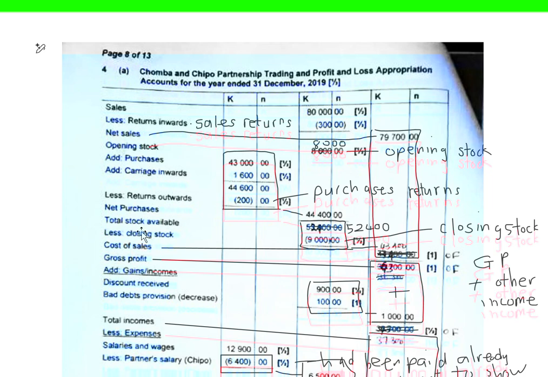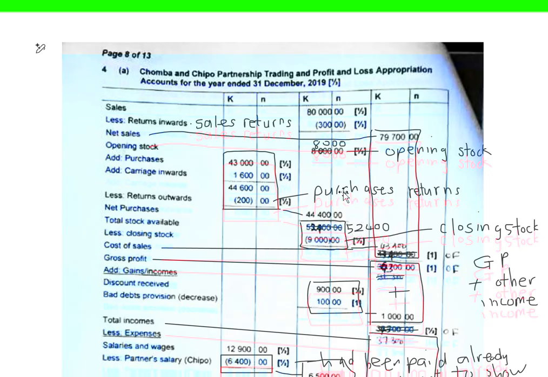Now the total stock available is your opening stock of 8,000 plus your net purchases, which is 52,400.